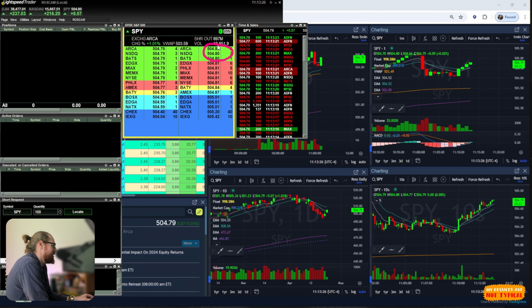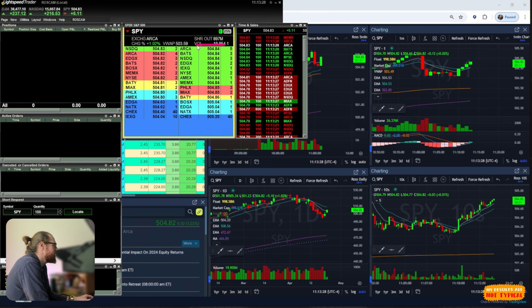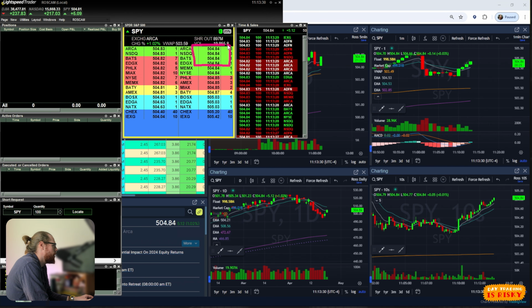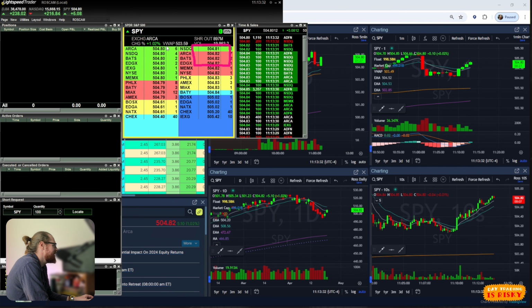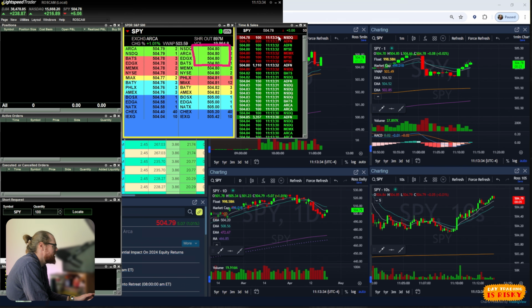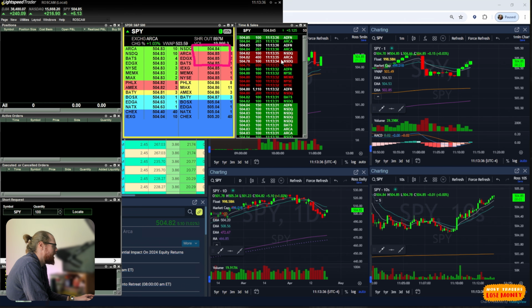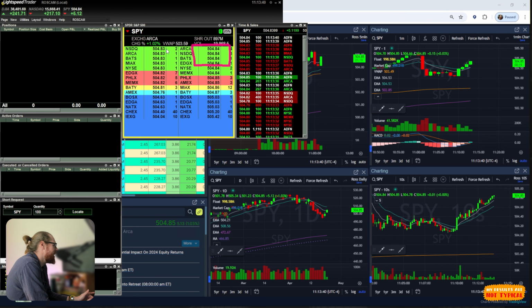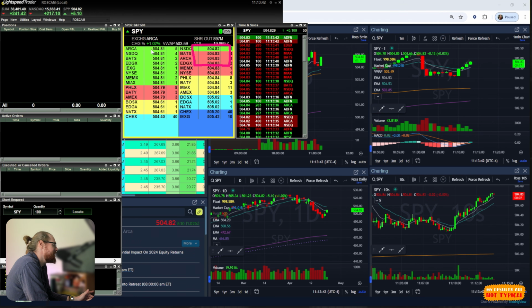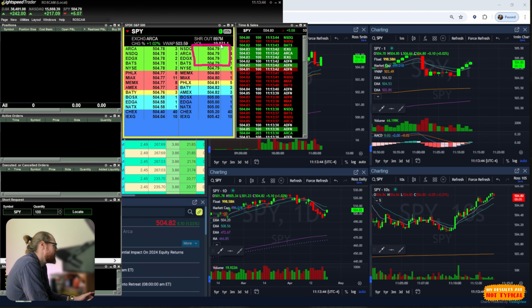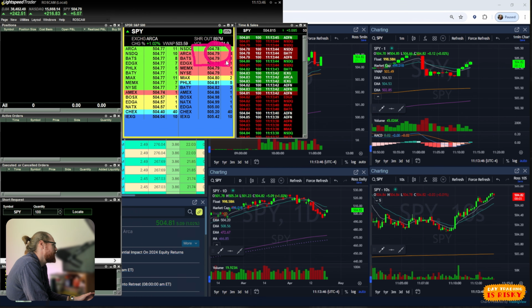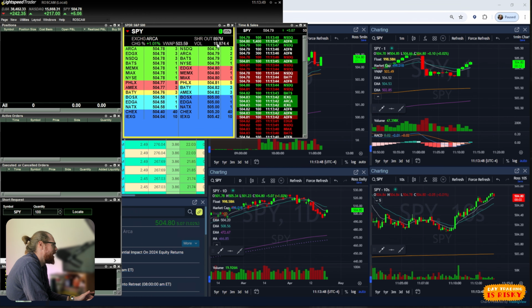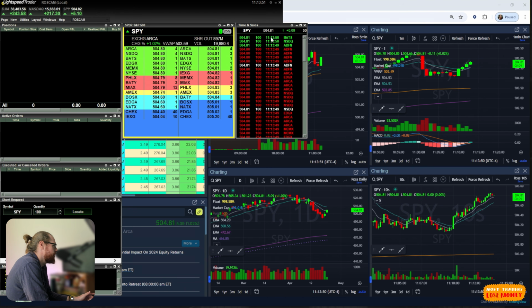I glance at it. But this to me is almost like the windshield looking out the front of a car while I'm driving. And this, to be honest, is my rear view mirror because it's telling me what's just happened. And this, I just glance at out the side of the window, but this is really what I'm looking at. In part, this is because I'm a long bias trader and I'm focusing on the price moving higher.